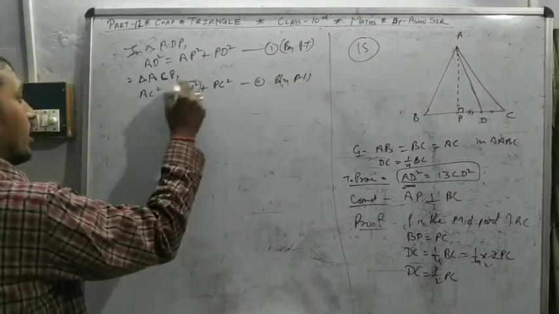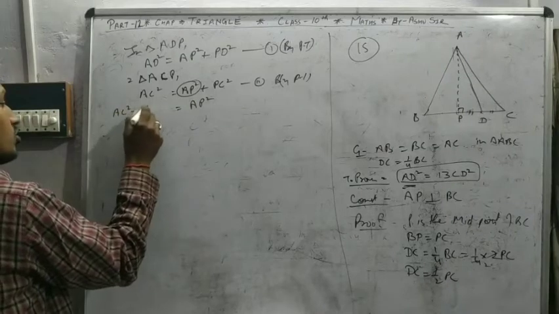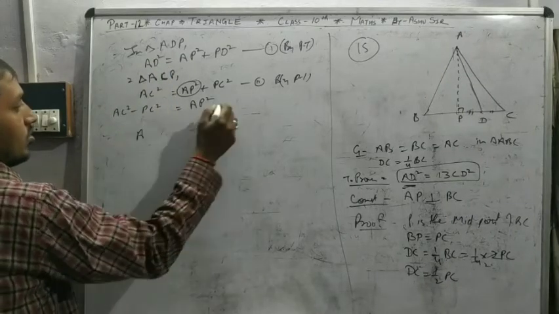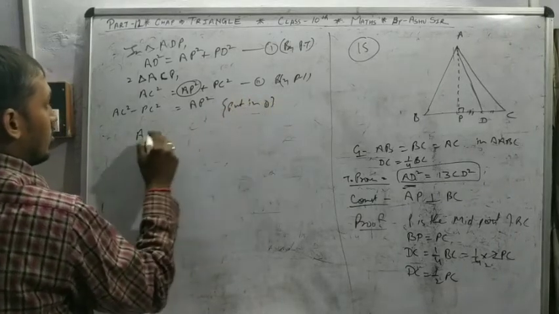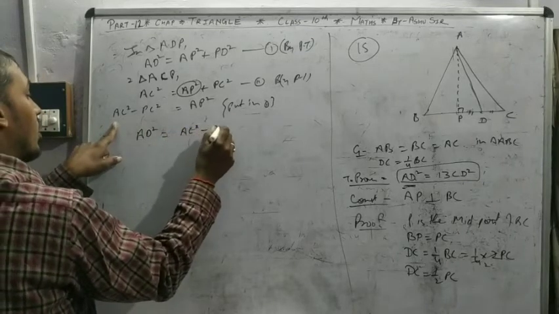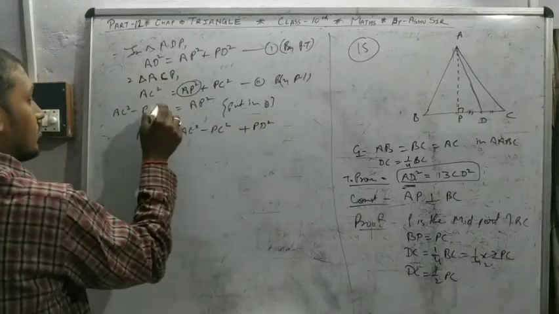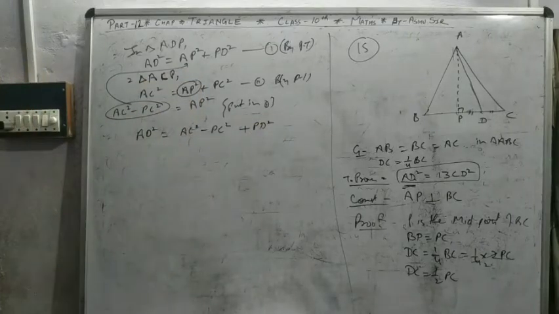So from here AP square is equal to AC square minus PC square. Put in first. So AD square is equal to AC square minus PC square plus PD square. This put here. Then replace all the terms according to the question.